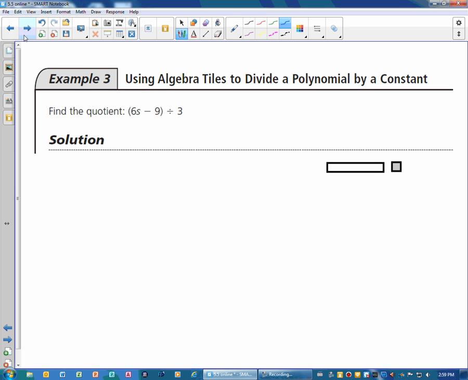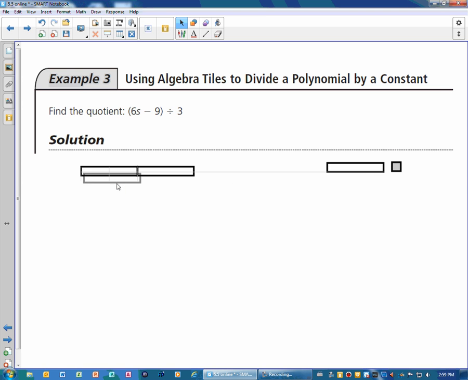So moving on to example 3, then it says find the quotient of 6s minus 9 divided by 3. So let's build 6s. They don't have to touch. Doesn't matter. There's 6s.